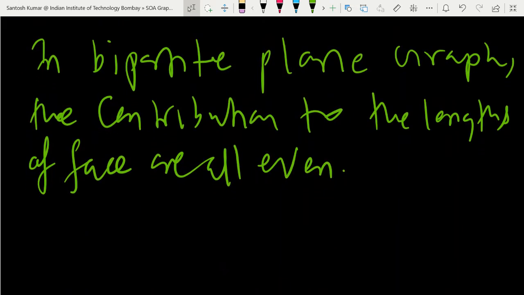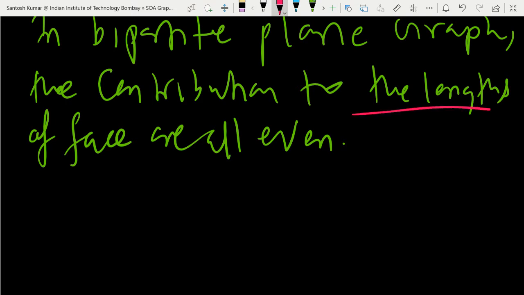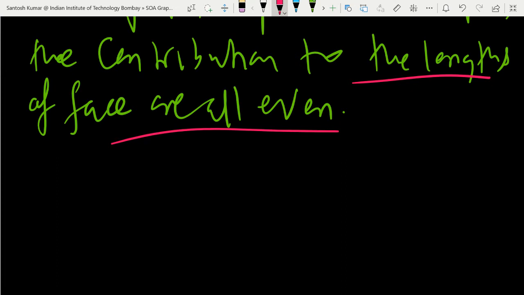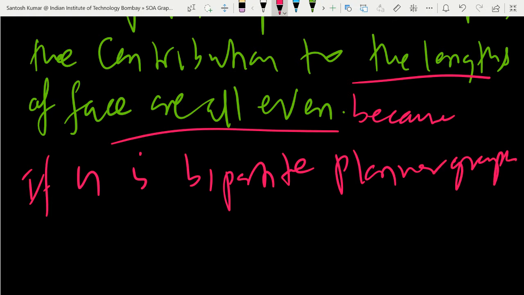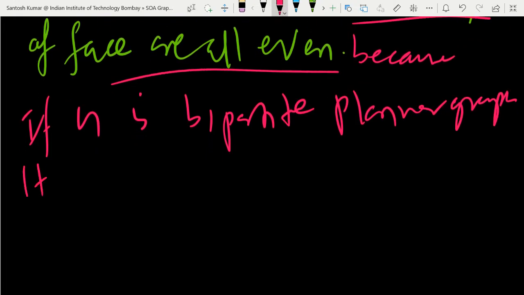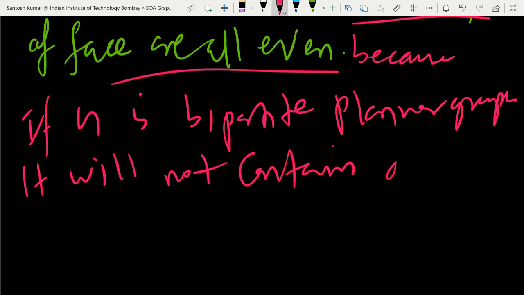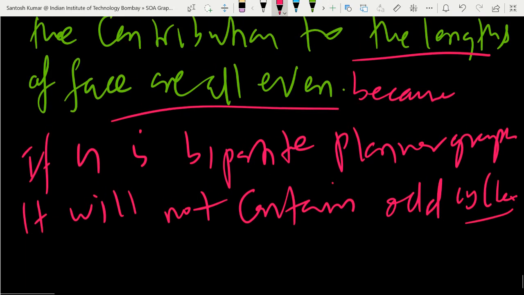This is the proof, because if G is a bipartite planar graph, it will not contain an odd cycle, or it will contain only even cycles. That's why the face length is always even in the case of a bipartite planar graph.